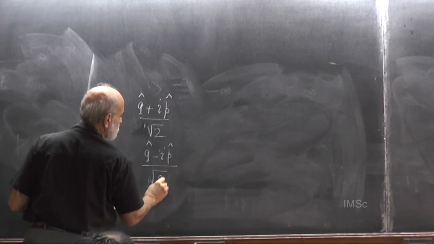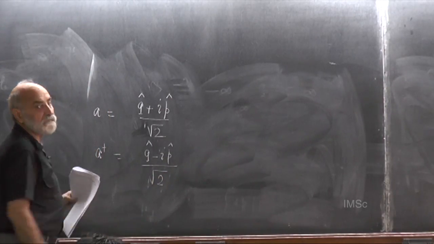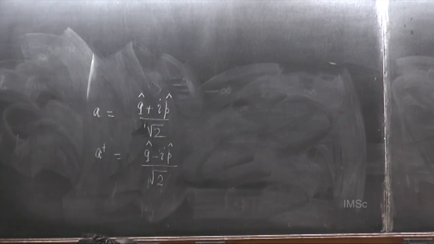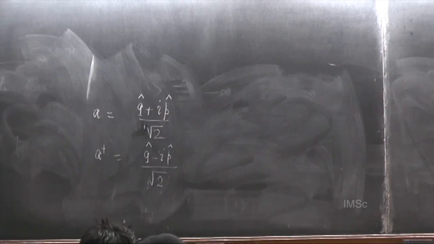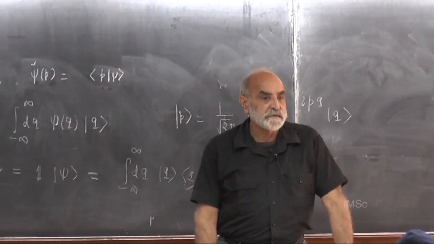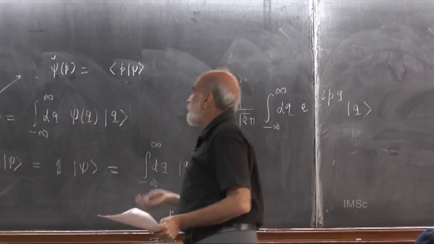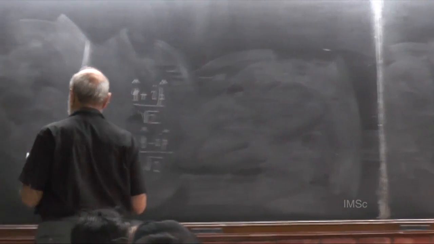Q hat and p hat are self-adjoint operators, and I consider these linear combinations of q hat and p hat and ask the question, what are their eigenstates? So q hat and p hat are operators which arise naturally. We can construct various operators out of q hat and p hat and look at their properties. We can ask what are their eigenstates, what eigenstates are useful, what kind of properties their eigenfunctions have, and discuss representations of a given vector in various kinds of bases.